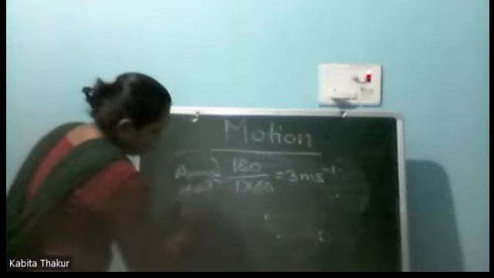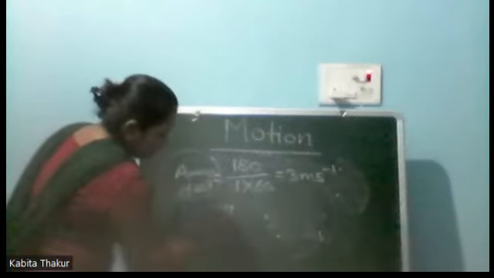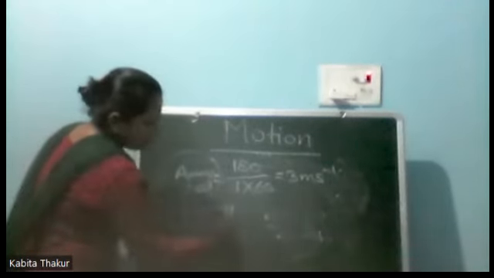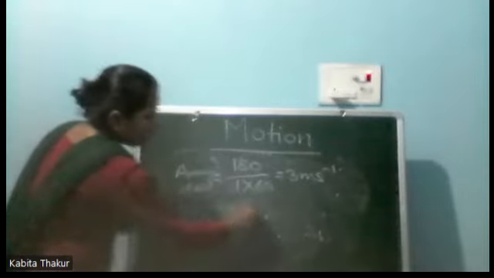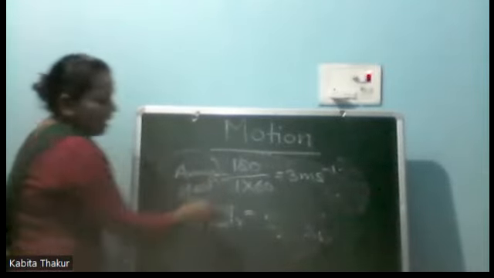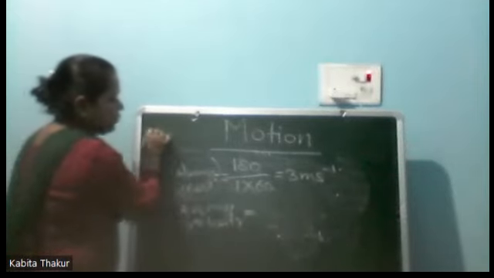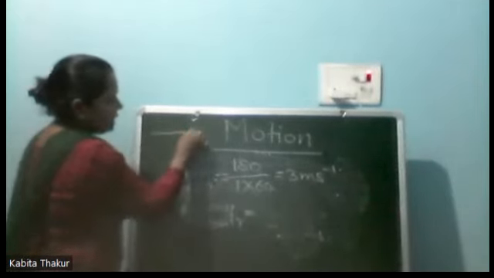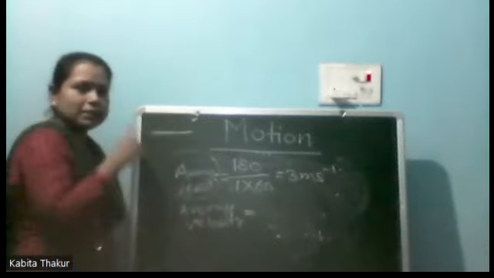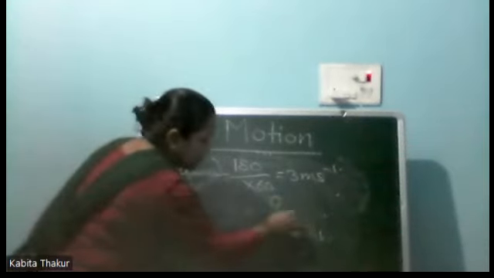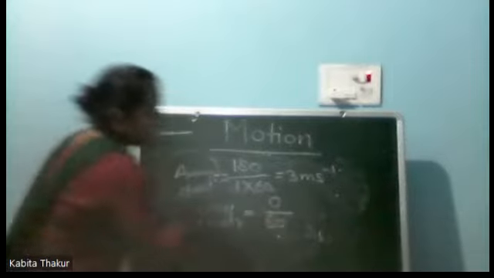Now we are going to find the average velocity. Average velocity equals displacement upon time. She moves in a swimming pool and again returns along the same path, so displacement will be 0 and the time is 60.